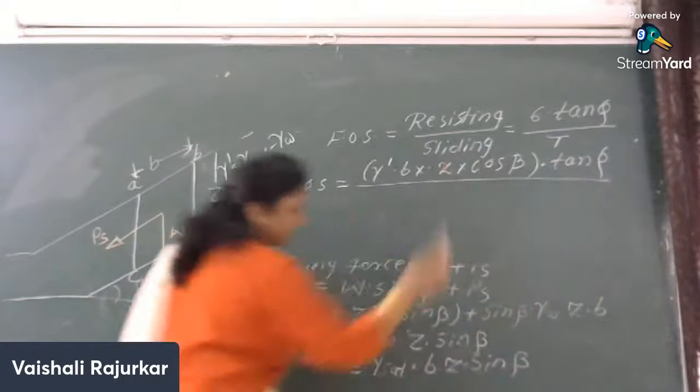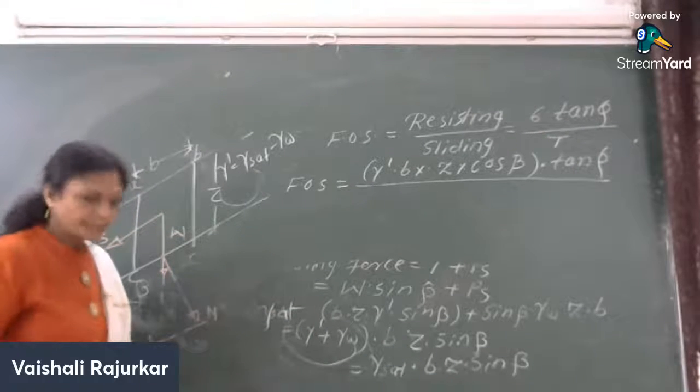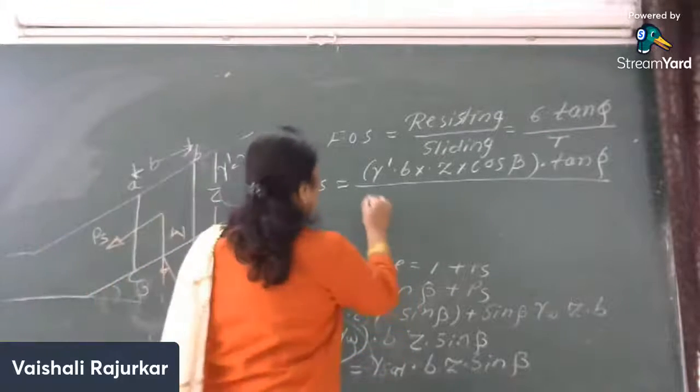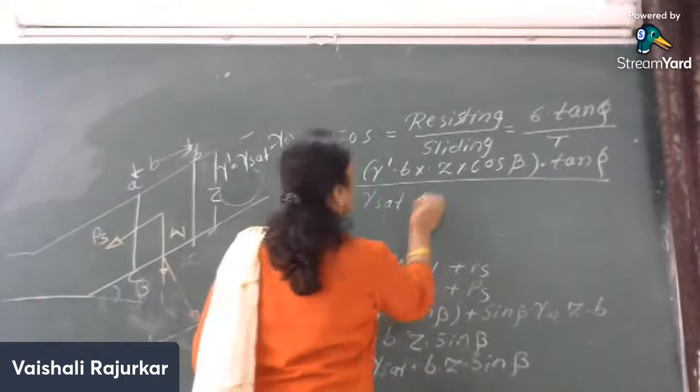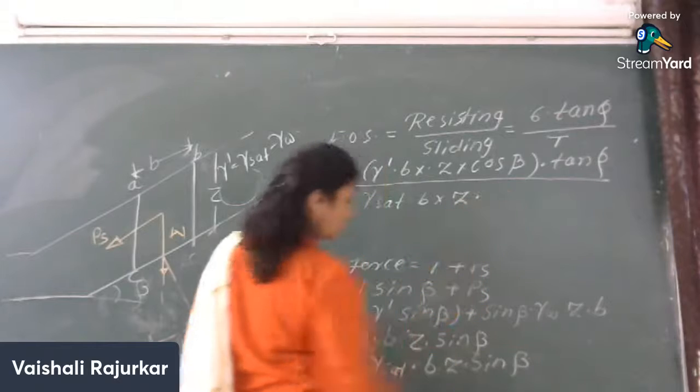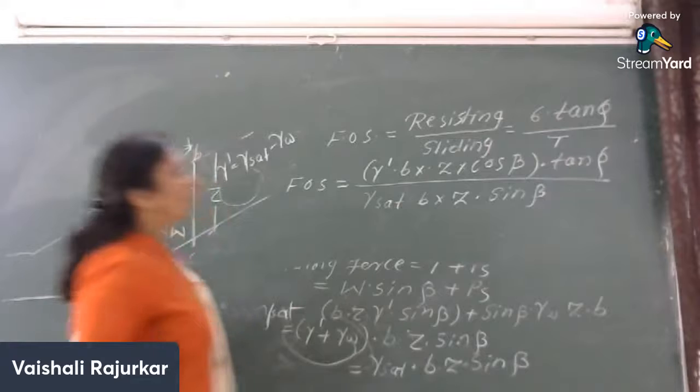Then what is sliding force? Sliding force is gamma saturated into B into Z into sin beta. Right? So here it will be gamma saturated into B into Z into sin of beta.